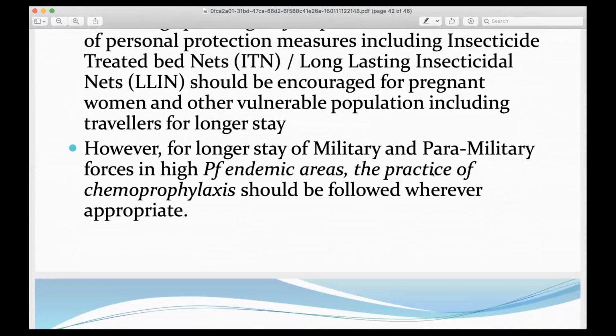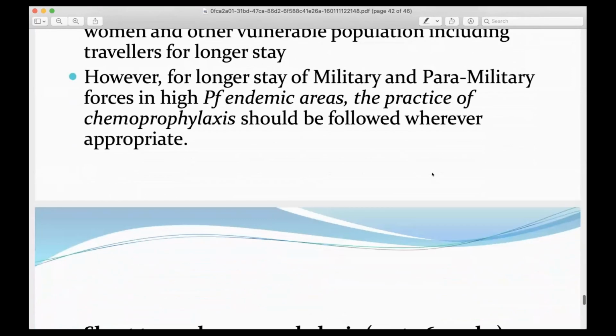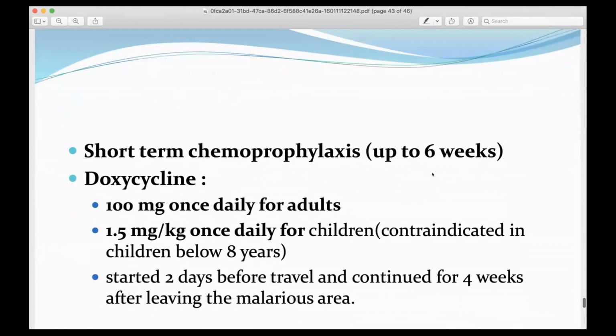Always remember, prevention is better than cure, and it is more important for military or paramilitary forces in high Plasmodium falciparum endemic areas. They can take chemoprophylaxis, either short term or long term. Short term is up to 6 weeks, long term is more than 6 weeks.